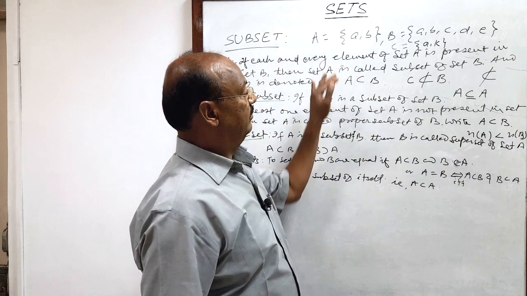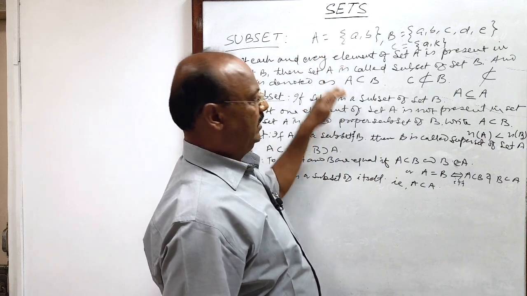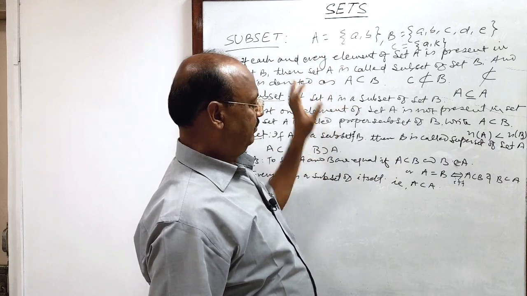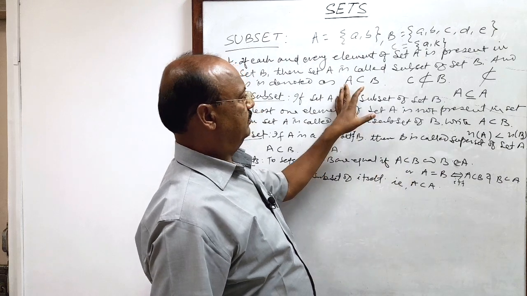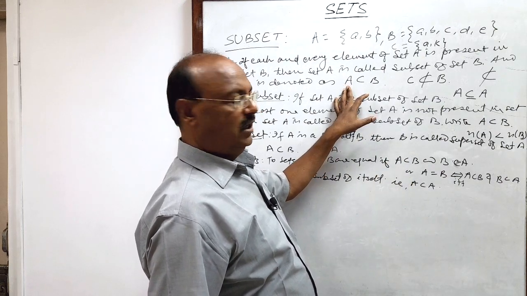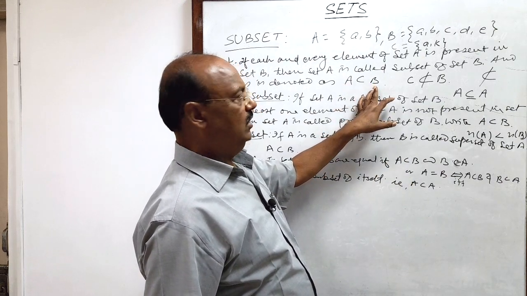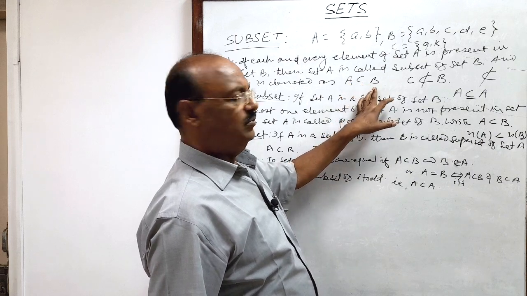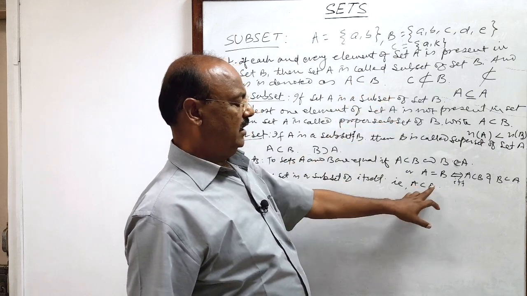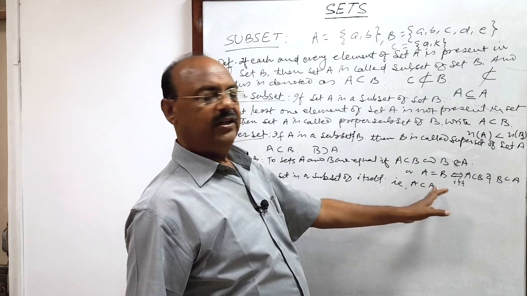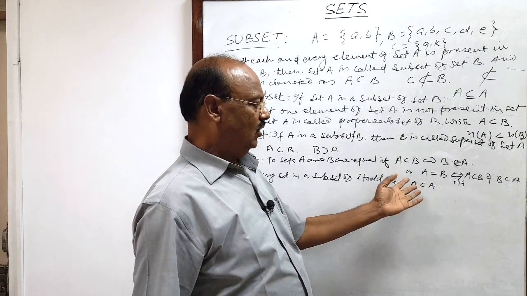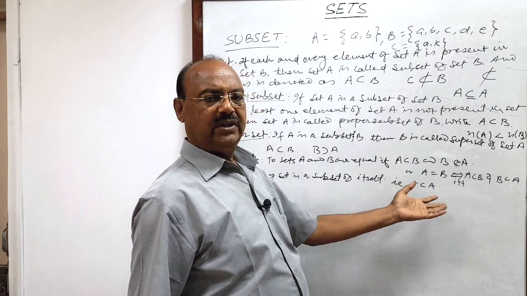So as per the definition, we have understood that if every element of the set A is also present in set B, then A is a subset of B. Here in this case, since both the sets are equal, all the elements are available in both the sets.